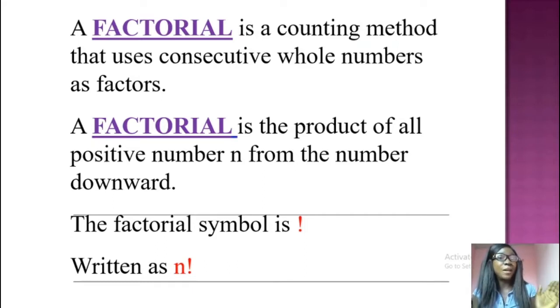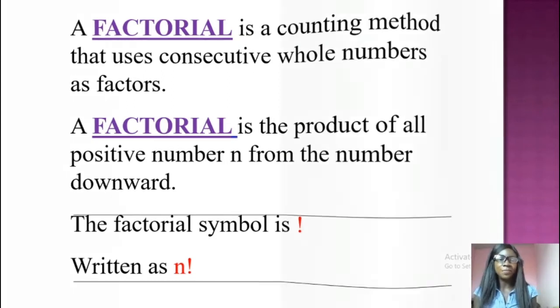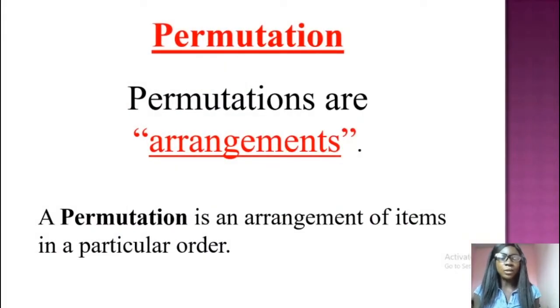So let's move to permutation, and I hope that before the end of this class you will understand all about factorial and permutation. Permutation is the arrangement of items in a particular order. The item might be a number, it might be an alphabet, it might be a word with repeated letters, like book.